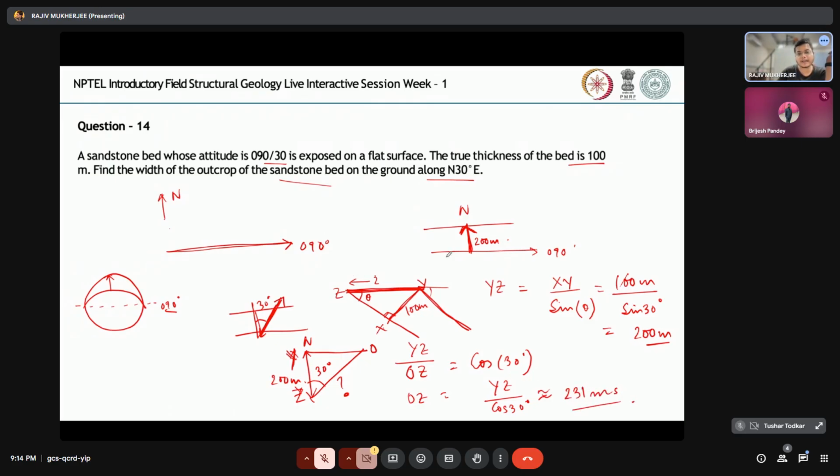So along the north 30 degree east direction, the apparent thickness of the bed will be nearly 231 meters if the true thickness is 100 meters and the dip of the bed is 30 degrees.